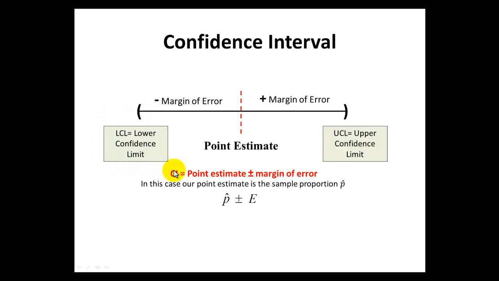So a confidence interval is essentially a point estimate, that one number you get from your survey, plus or minus margin of error. We can even write it in more symbolic terms: p hat plus or minus E, E for margin of error.